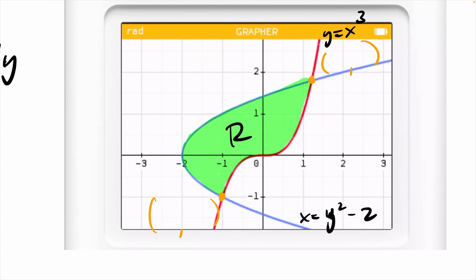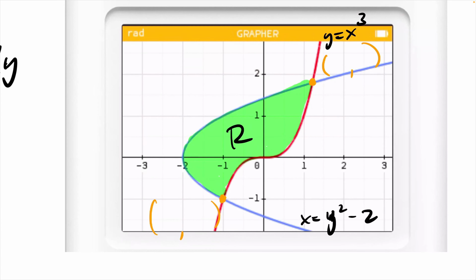1.2 and 1.7885. Yeah, I got something similar. So use your calculator to figure out where they intersect. For the top guy, verify I'm right.